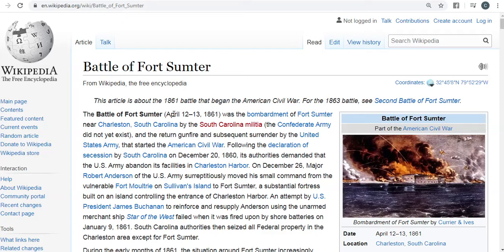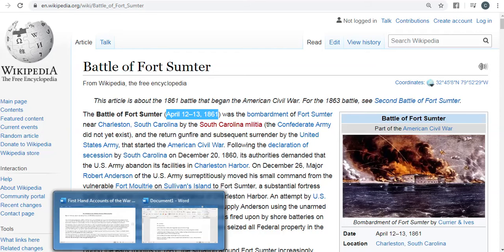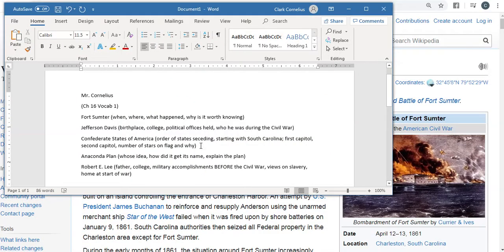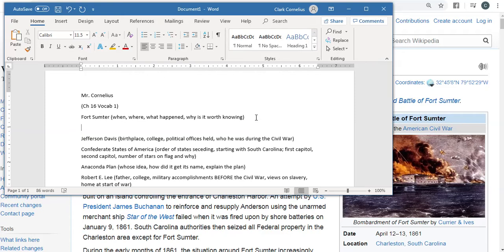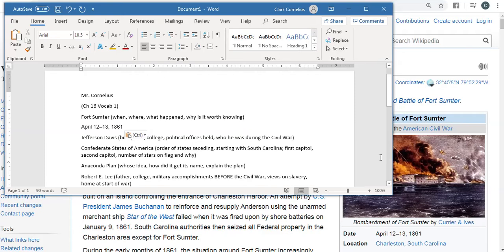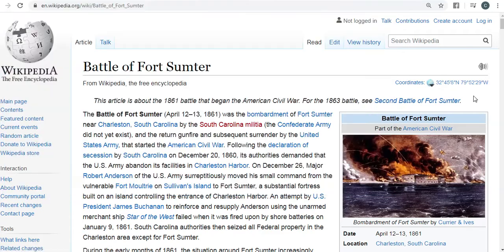That's when. Well, it happened in April. That's coming up for us in 1861. This is 2020. So I'm hitting copy on that, going back to my Word, going back here, and Control V.